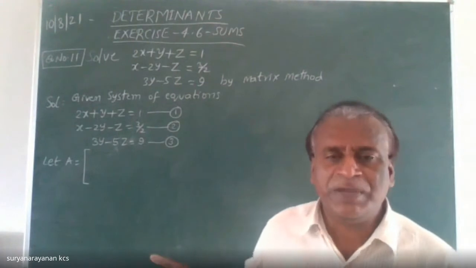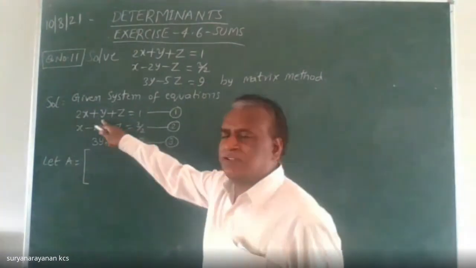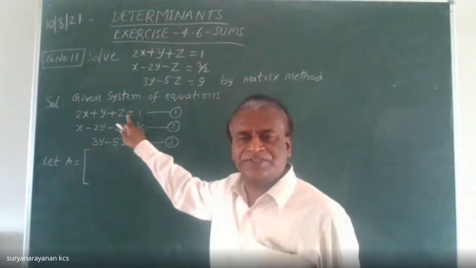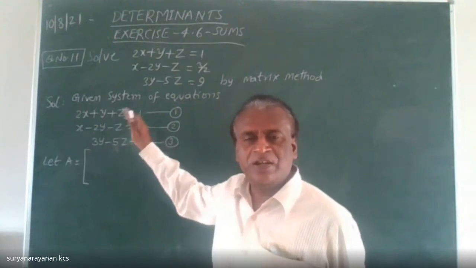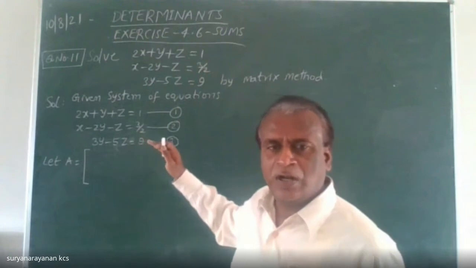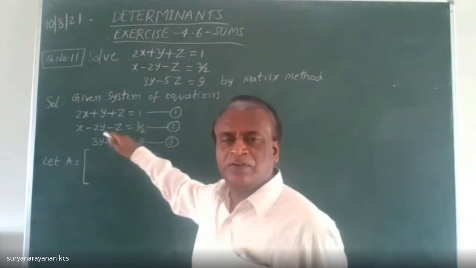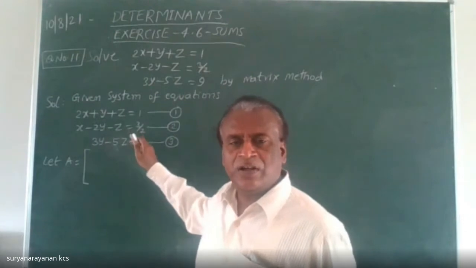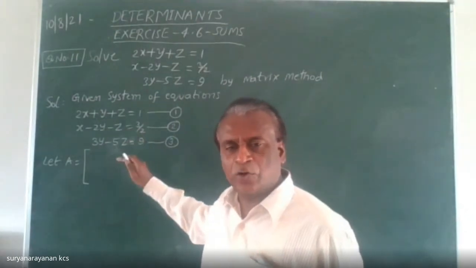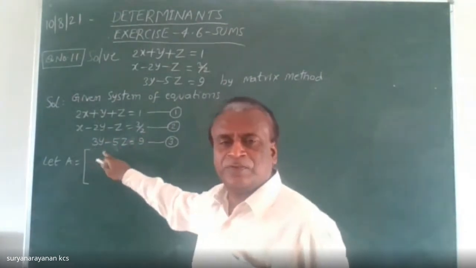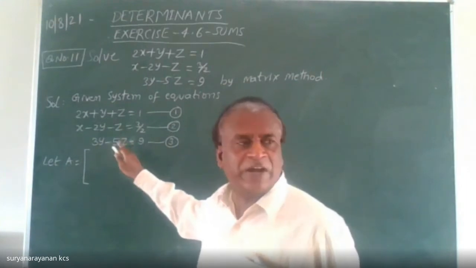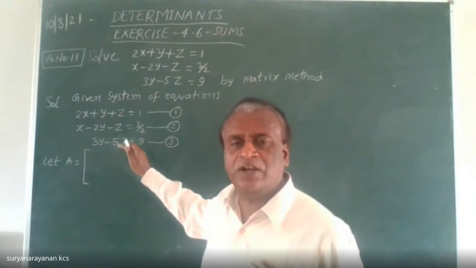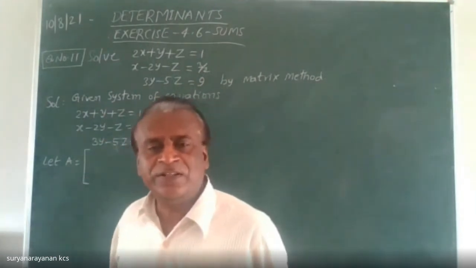Coefficient matrix means from the first equation, we write coefficient of x, coefficient of y, coefficient of z as the first row. Now, from the second equation, we take coefficient of x, y, z, and we write them as the second row. Similarly, from the third equation, we write them in the third row.